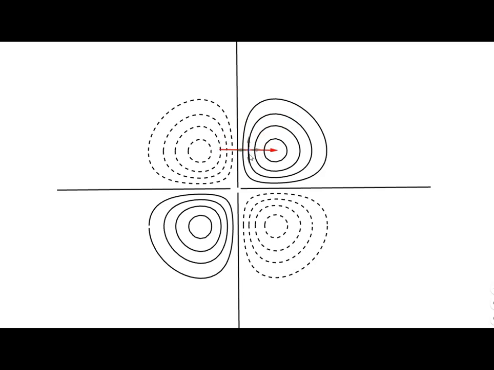The isometric lines are closer together, and therefore we're climbing at a steeper rate here. If we move over in this direction, the dashed lines represent the areas in which we're negative, so we're climbing out of a well here, climbing up to the outside. But here we're climbing up the hill to the peak.